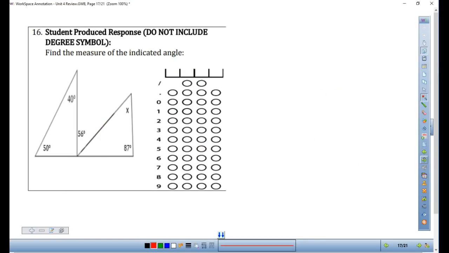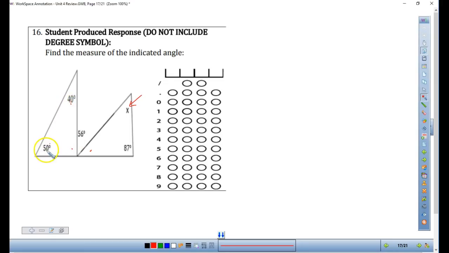All right. Number 16, now I remember doing this one in class on a different sheet. So we've got to find x over here, but we're going to have to sort of figure out this first. So one step at a time. Let's see. What we might remember, always, is that the three angles in a triangle have to add up to 180.